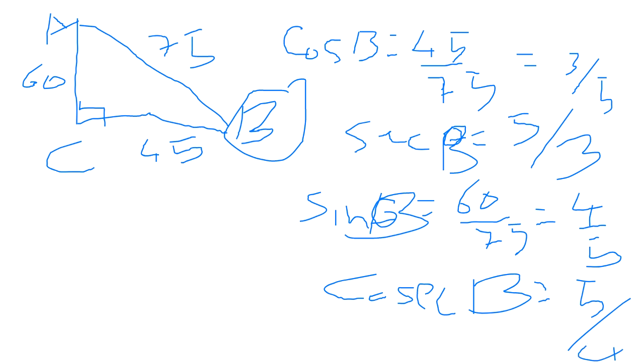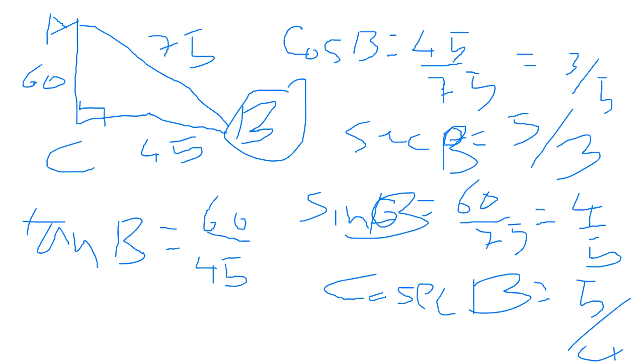Then tan B will be opposite over adjacent. So tan B will be 60/45, which will be 4/3.